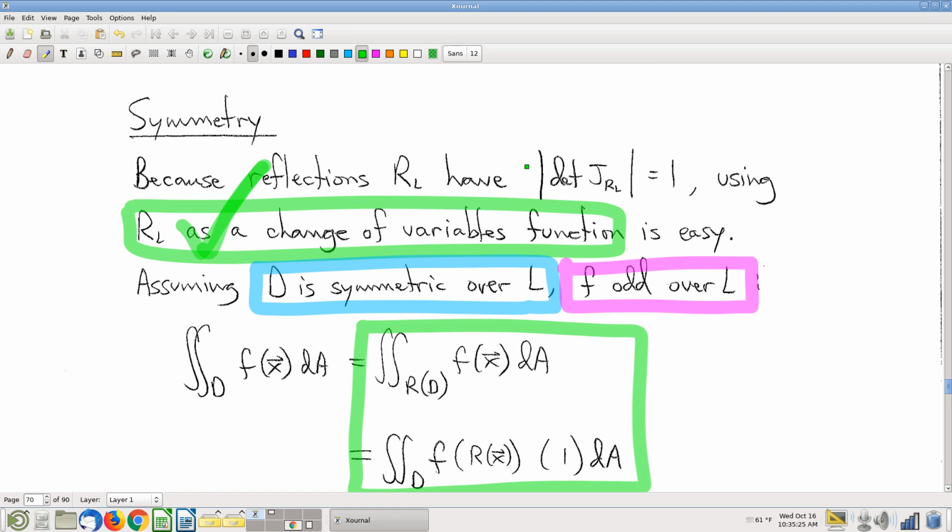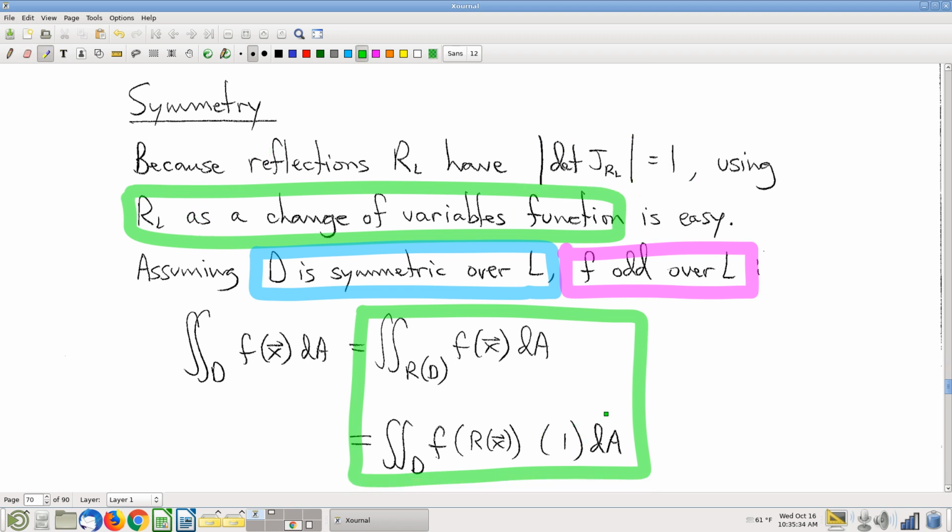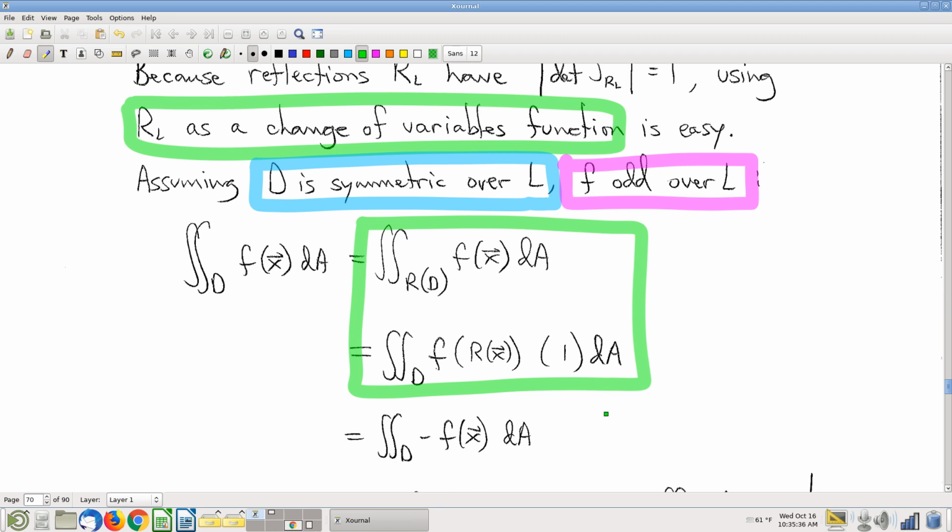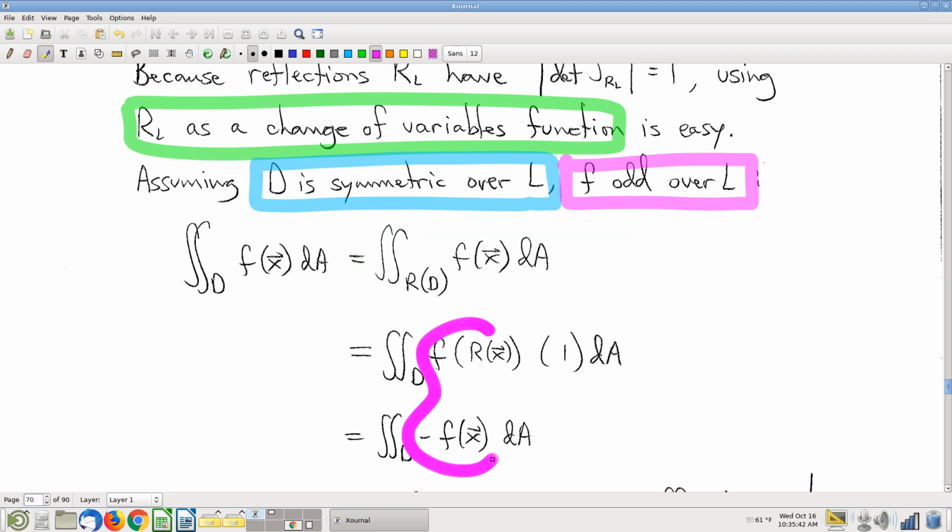Stretching factor is 1. And then, don't forget the function has odd symmetry. Because the function has odd symmetry, the value of f at the reflection is the negative of the value of the original value of f.